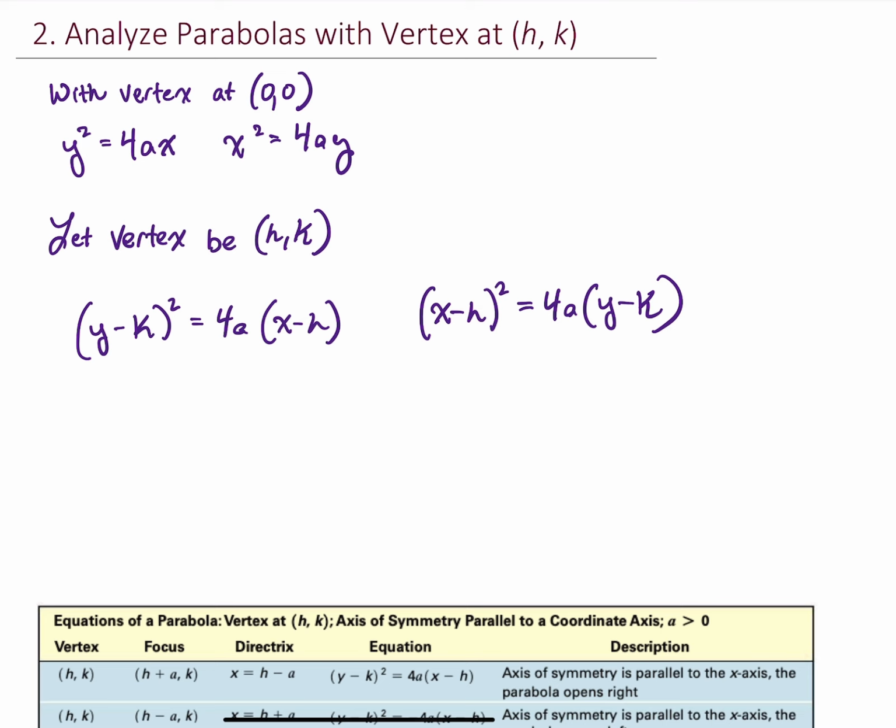So we can say our vertex will be the point h comma k, and a is still the distance from the vertex to the focus.